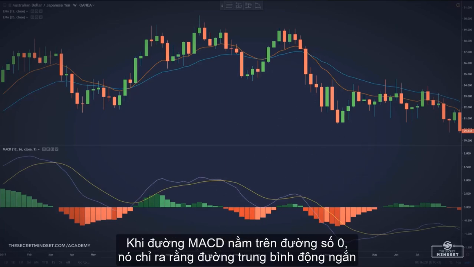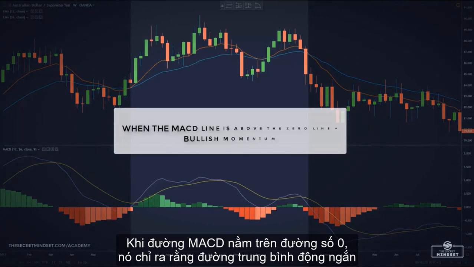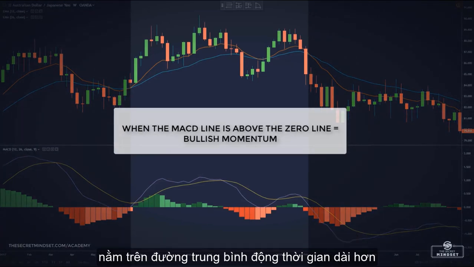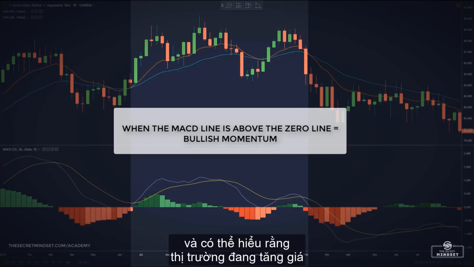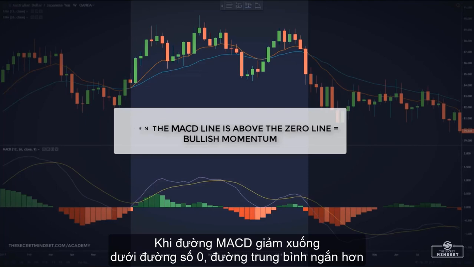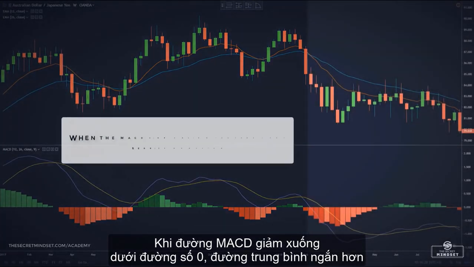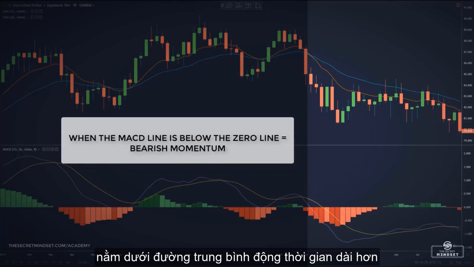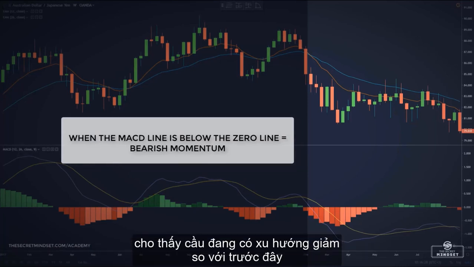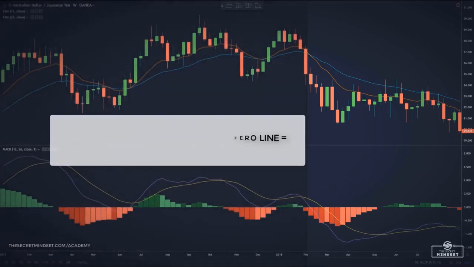When the MACD line is above the zero line, it indicates that the shorter period moving average is above the longer period moving average, which in turn indicates that the market is bullish. When the MACD line falls below the zero line, the shorter period moving average is less than the longer period moving average, indicating that demand is more bearish than it was in the past.